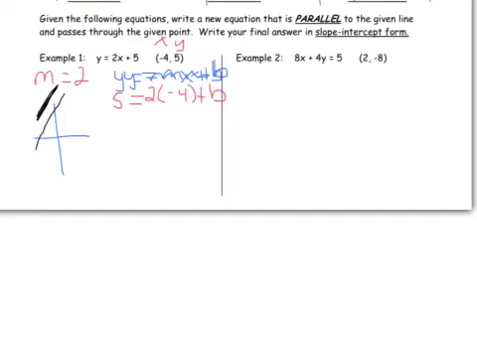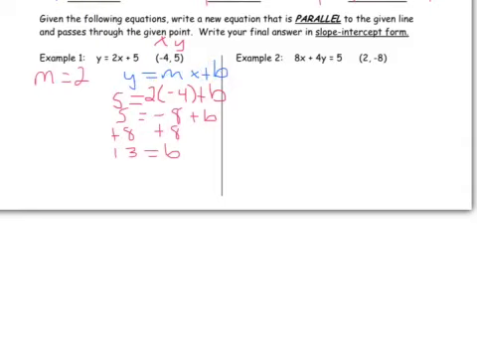2 times negative 4 is negative 8, plus b, and that equals 5. We'll add 8 to both sides. So b equals 13. So now I need to write a new equation. I have the slope of 2 and the y-intercept of 13.